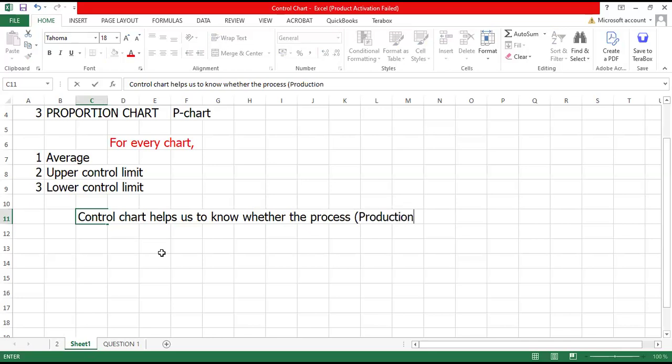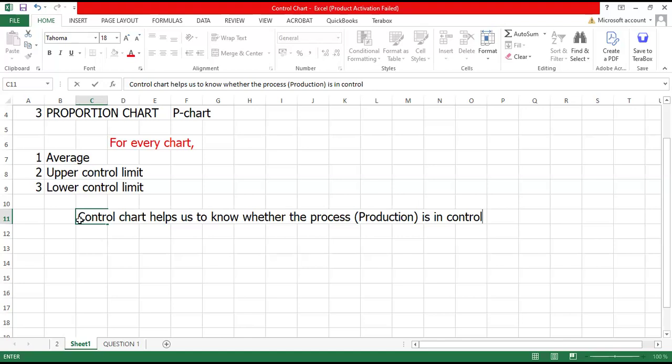It can be any process. Control chart helps us to know whether the process is in control. It can be the production, it can be the sales, any process you're talking about, you're testing. Know whether that process is in control.